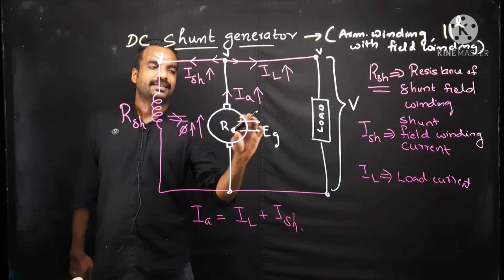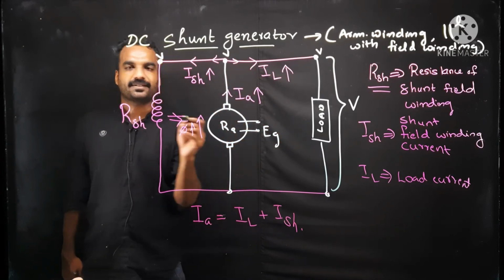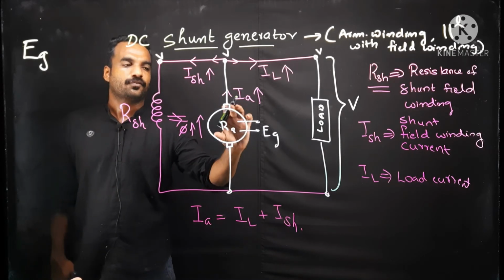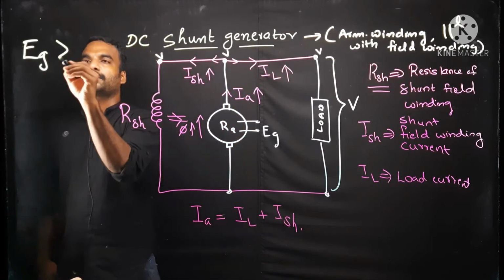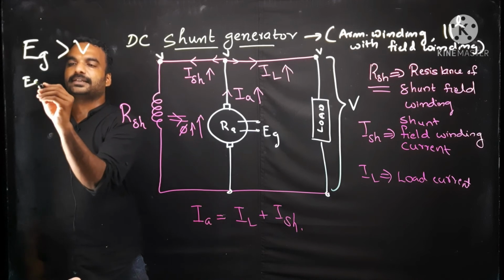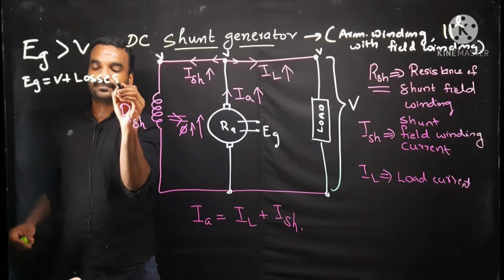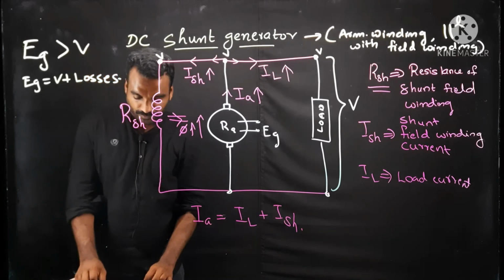Now what is there in between EG and V? Which is higher? We know that definitely EG is higher because current flows from higher potential to lower potential, and EG is equal to V plus losses. Now let me ask you, what are the losses?